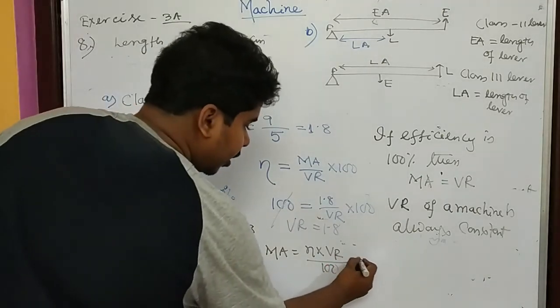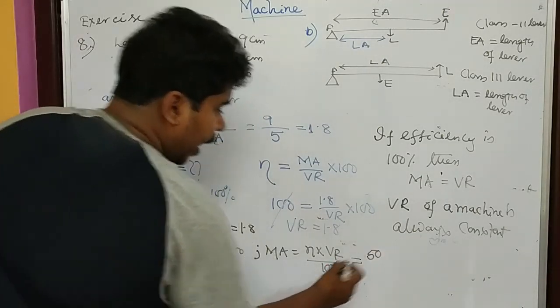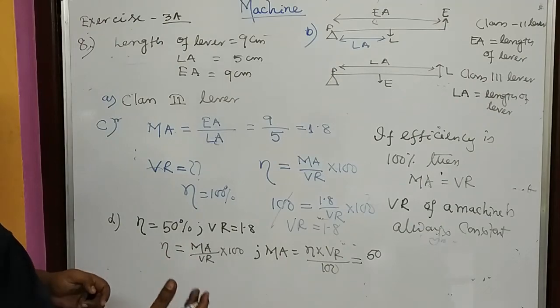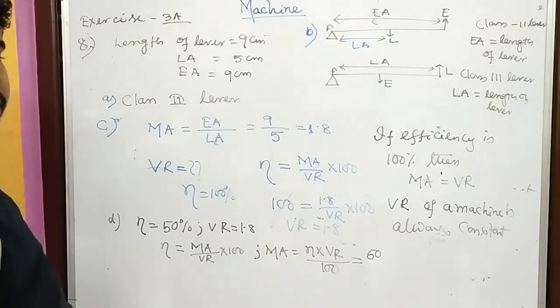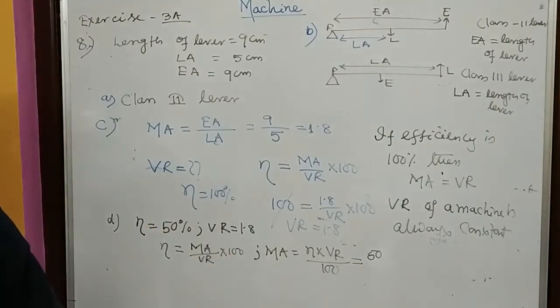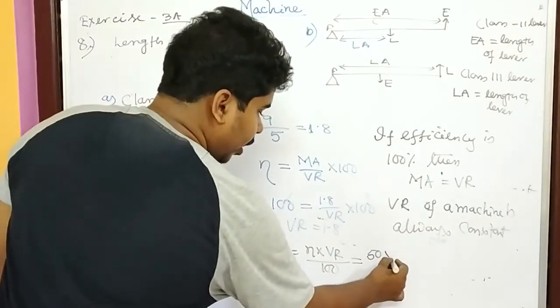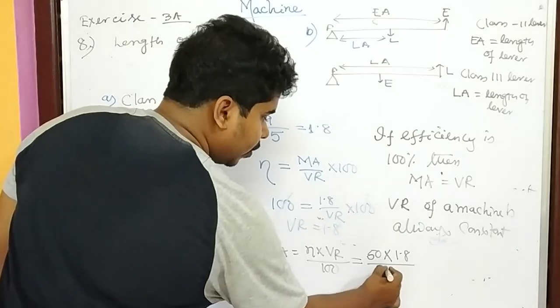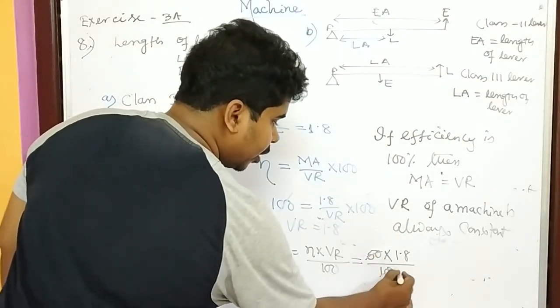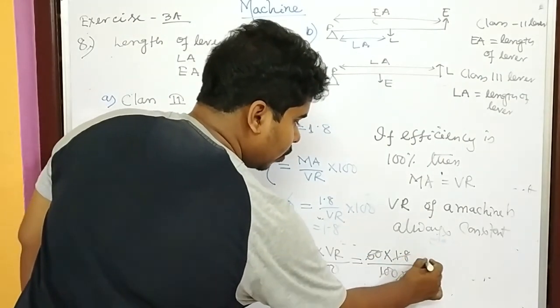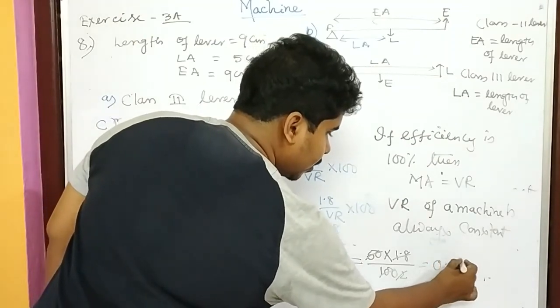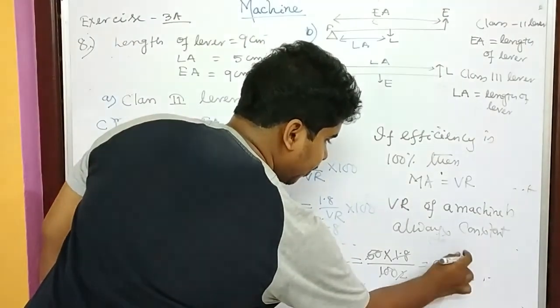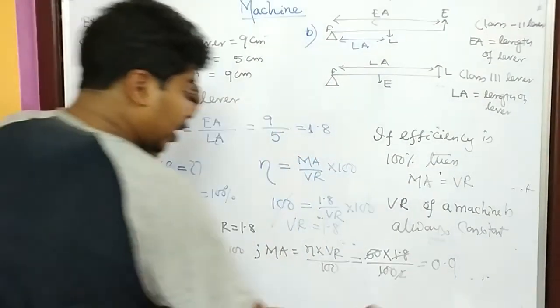What is the value of eta? 50. As we have already converted into percentage, we have already multiplied by 100 here, so no need to write 50 by 100, so it is 50. What is the value of VR? It is 1.8. So 50 into 1.8 by 100, that is 0.09. That is the mechanical advantage.